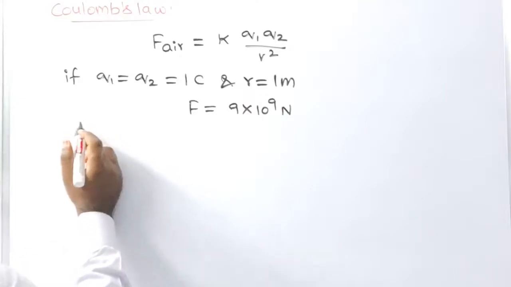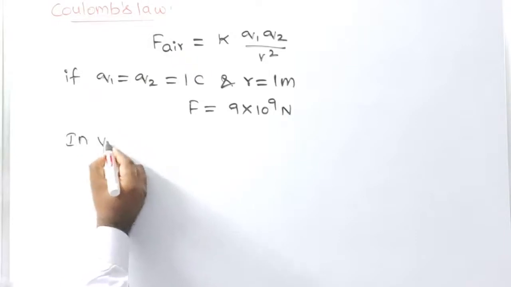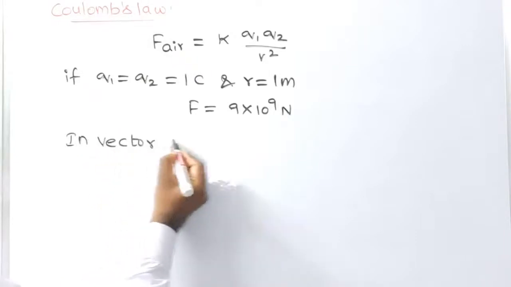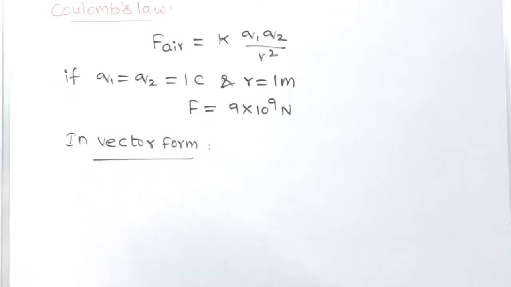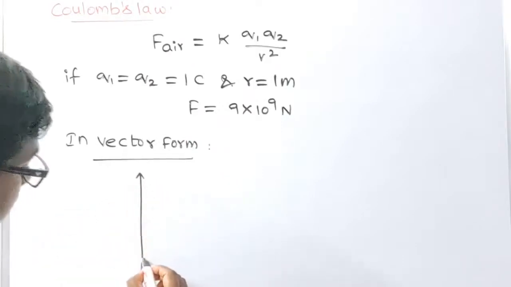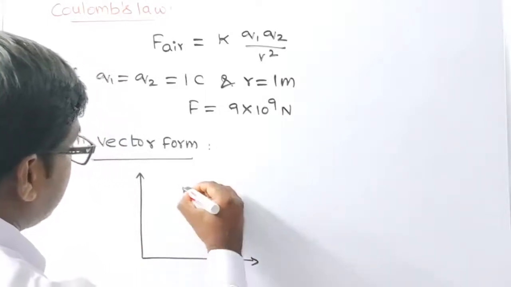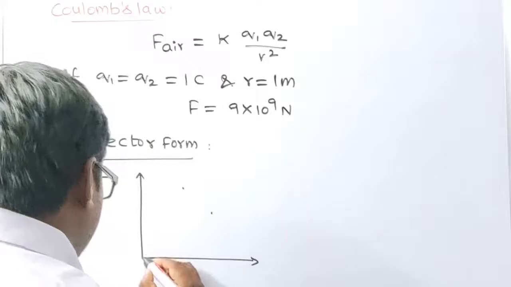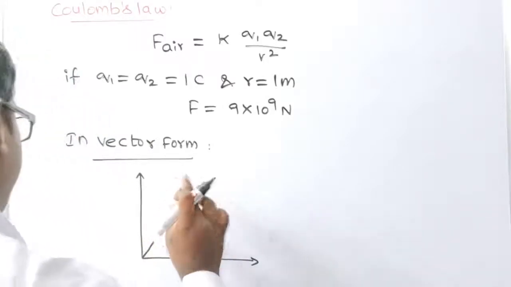Okay, now the vector form of Coulomb's law. So let us take two points in space.